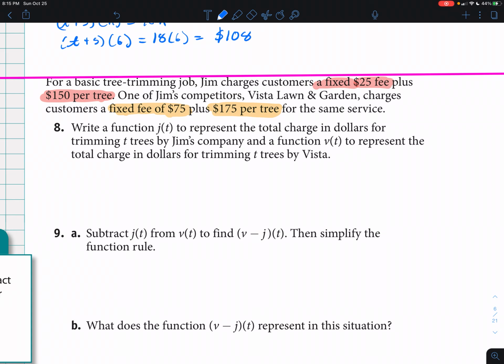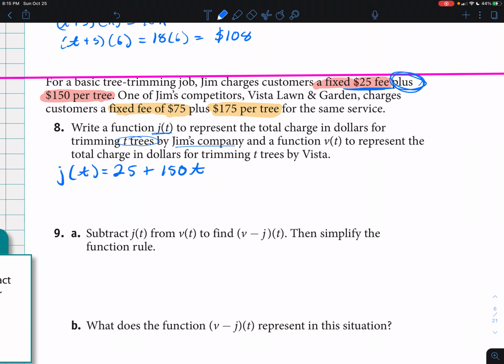Then we're going to write a function, J of T, to represent the charge in dollars for trimming T trees by Jim's company. So T, our input variable, is T trees. Let's look at Jim's first. J of T is going to be that $25 flat fee plus, and it says plus right there, y'all, $150 per tree, so we put the T there.